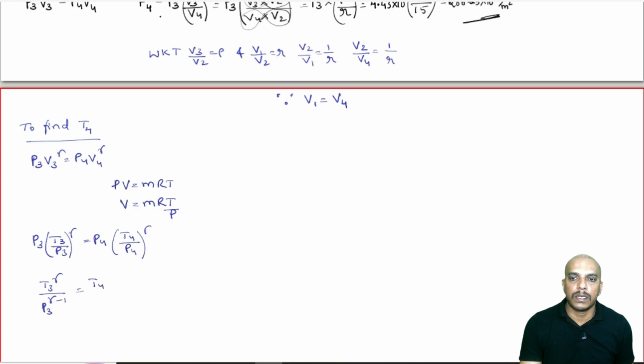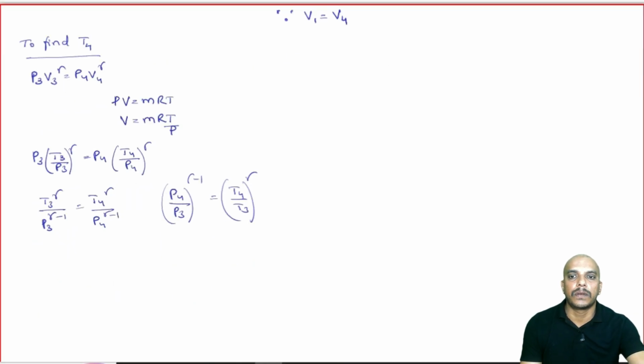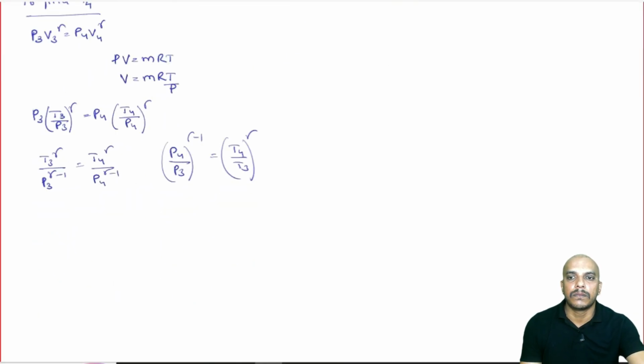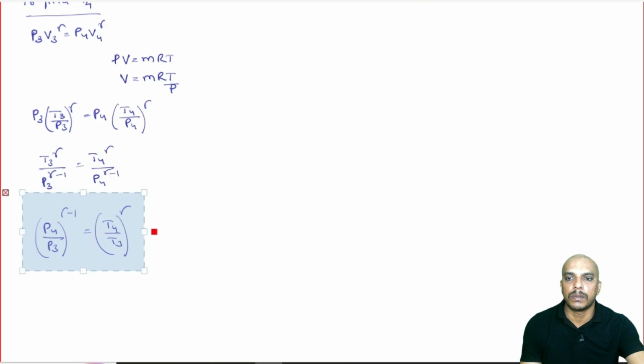Again here T4 power gamma divided by P4 power gamma minus 1. So, this will be something like P4 by P3 whole power gamma minus 1 is equal to T4 by T3 whole power gamma.